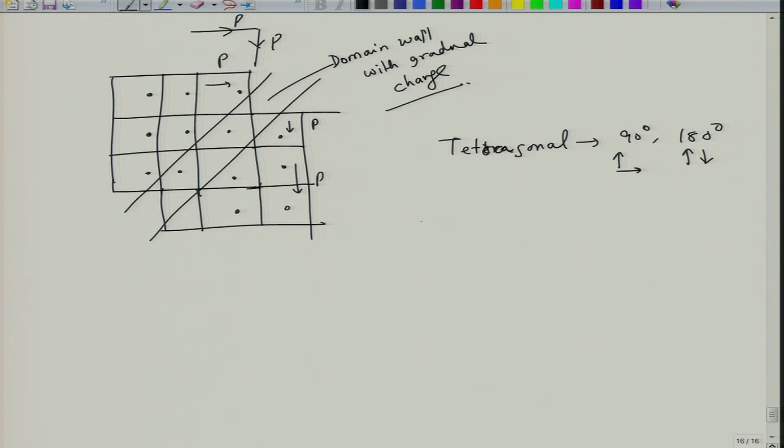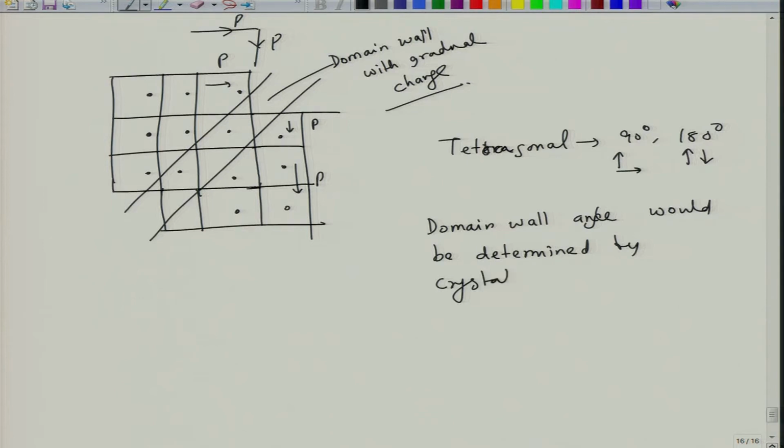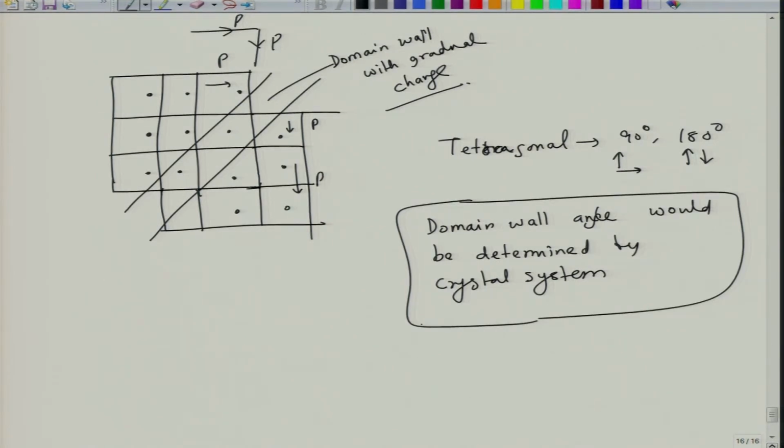So, the domain wall type, the domain wall angle would be determined by the crystal system. But generally when we talk of tetragonal crystals we talk of 90-degree and 180-degree domains.